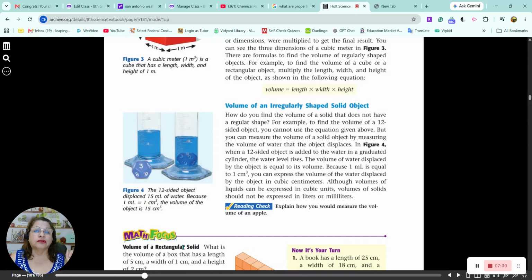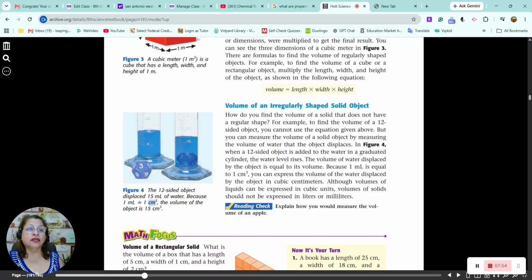Centimeters cubed. You must write the type of measuring unit. It's centimeters cubed, even though we didn't use a ruler with millimeters or centimeters.